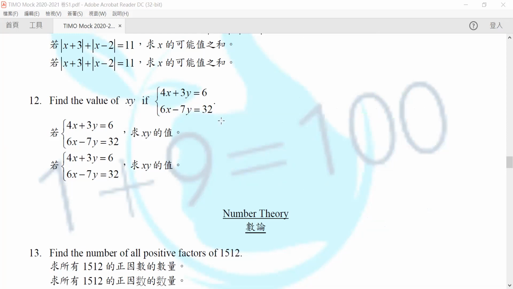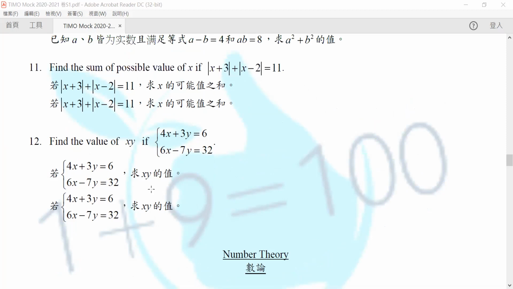Now, someone asked me how can we get negative 3 and plus 2? It is actually closely related to the definition of absolute value. What exactly is absolute value? What exactly do these two lines mean?